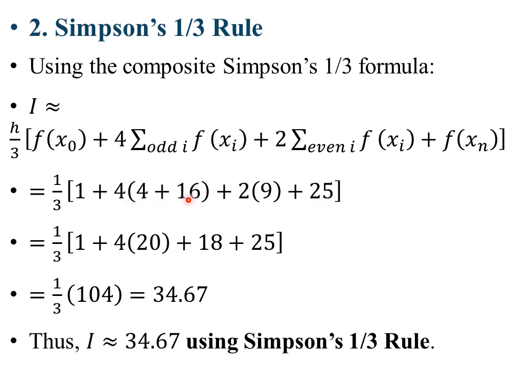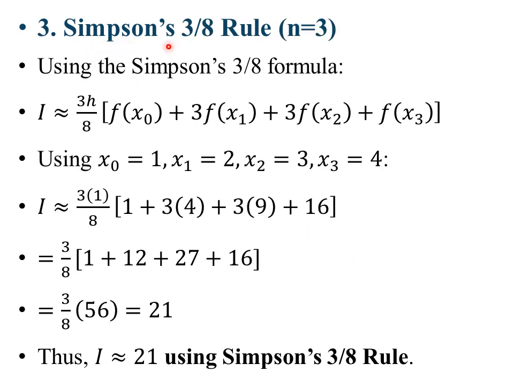Then we simplify, we get 20, multiply by 9 we get 18, then we add all the values to get 104 divided by 3, 34.64. Thus the integration is approximately 34.67 using Simpson's 1/3 rule.